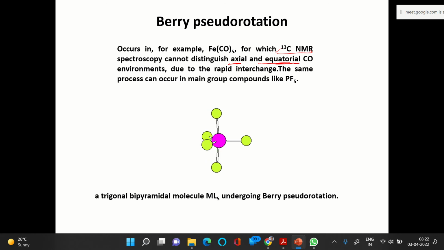The rotation is happening fast enough. The equatorial one becomes axial in the next moment you are observing them. So this happens very fast, and the instrumentation for 13C NMR is much slower, and this is happening much faster than that, so we are not able to capture it in the NMR spectrum.